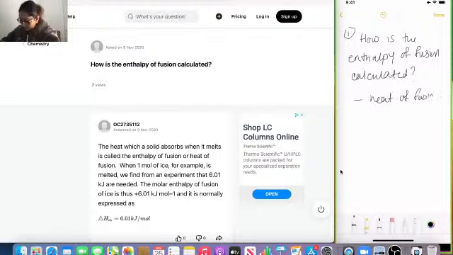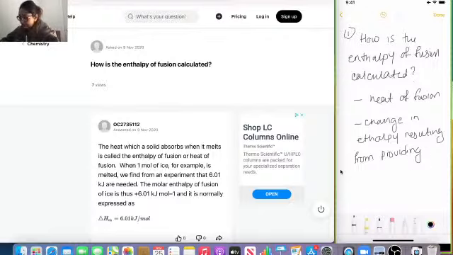So this is basically the change in enthalpy resulting from providing energy. You're giving energy to the substance, and it's typically heat.